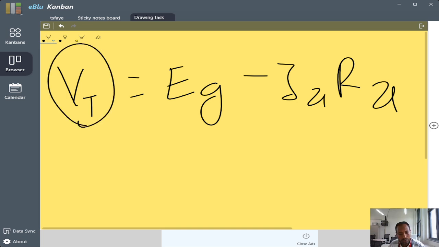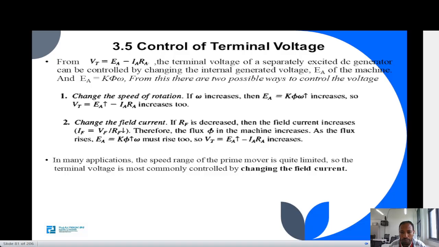How can we control this? We can control it either by controlling Eg or by controlling the drop IaRa. Just two methods we can use. One method by controlling the internal generated voltage, the second method by controlling this drop. So, how can we control this?